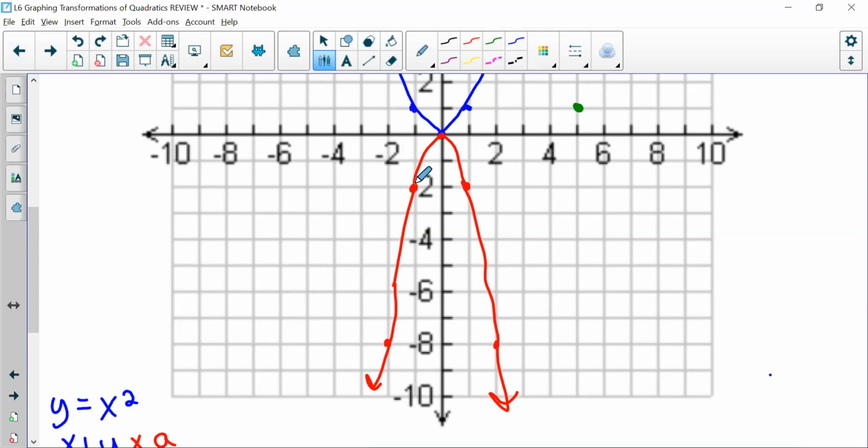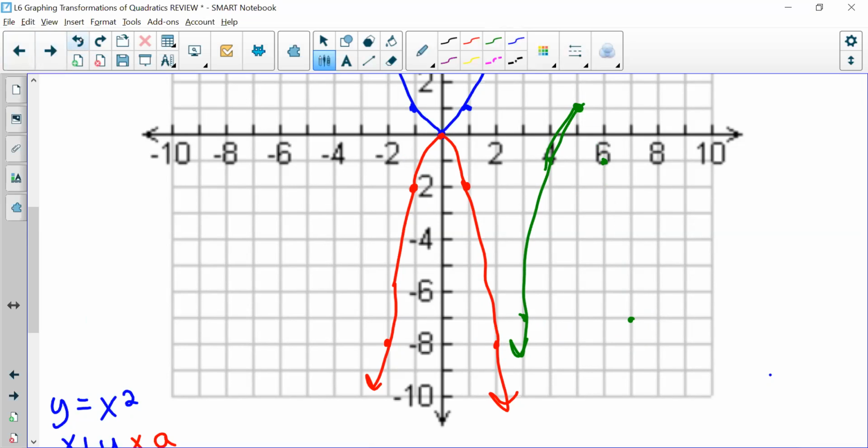So you could take every point and go right 5, up 1. 1, 2, 3, 4, 5, up 1. Repeat that for each point, and this would be my new parabola. So you could move every point over and up if that's the method you choose.